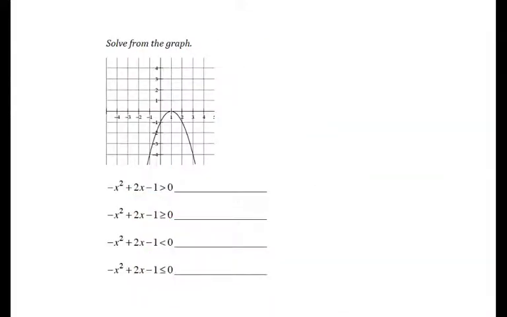A similar situation exists where we have a graph that just touches the x-axis in one point. So here's the x-axis. We'll darken it to make it stand out a little bit more. And our graph, we can see, just touches the x-axis, but otherwise stays entirely above or entirely below. For this first example, we're solving where the parabola, which opens down in this case, is greater than 0.